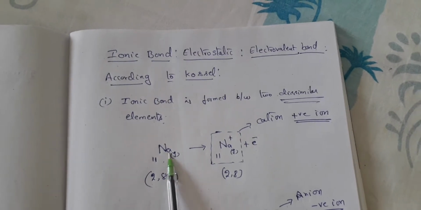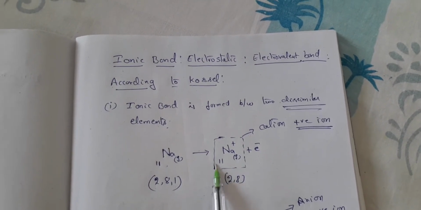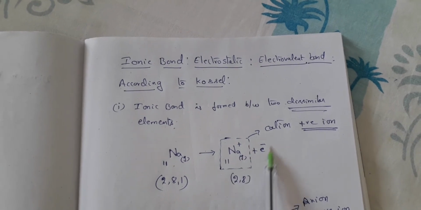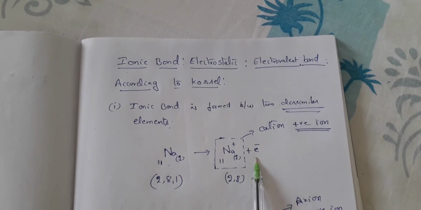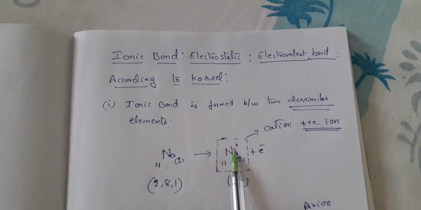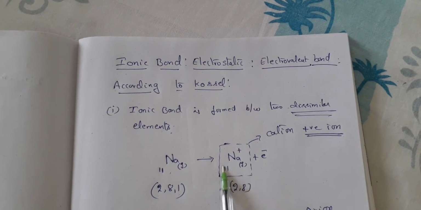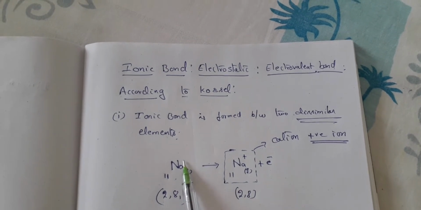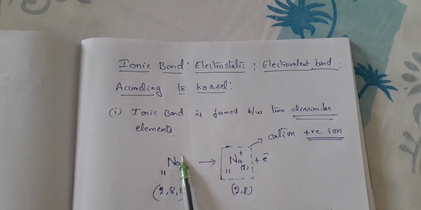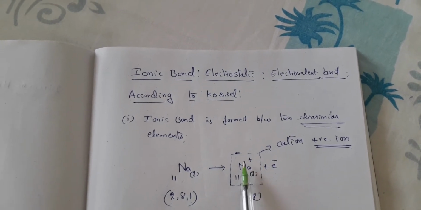Now this Na, by giving out an electron, will become Na+. Already it has 11 protons, and in the neutral atom there should also be 11 electrons, but one electron is given out here, so only 10 electrons are left.